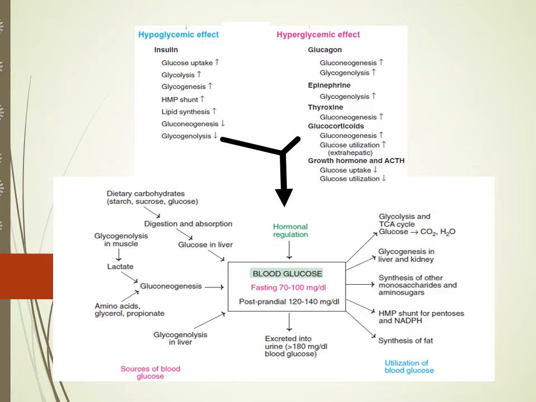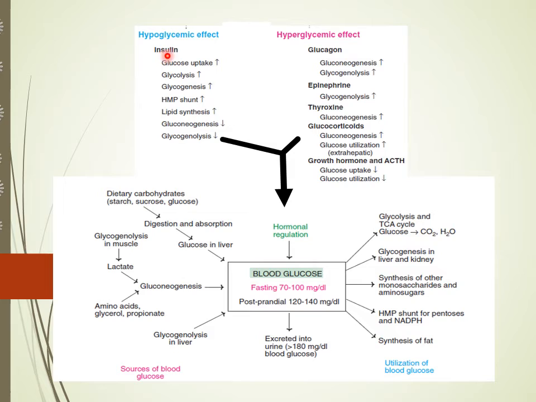For the hypoglycemic effect, where the glucose concentration is reduced, the hormone insulin comes into action. It increases glucose uptake, glycolysis, glycogenesis, HMP shunt, and lipid synthesis, whereas it reduces gluconeogenesis and glycogenolysis.